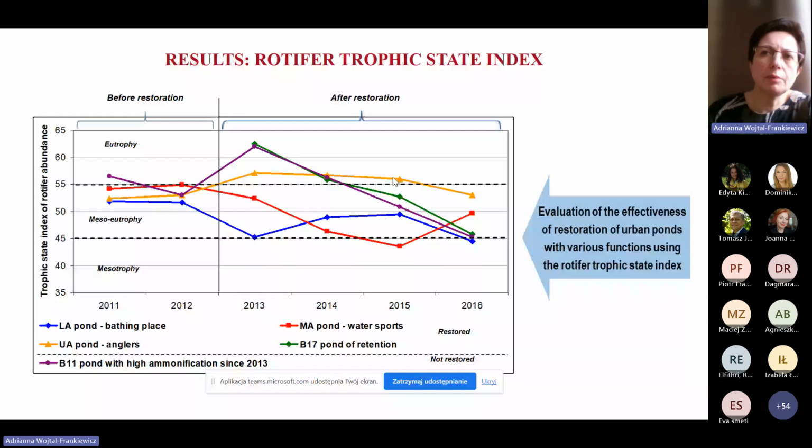However, the upper Arturówek was the only point of all of the study points that is adjacent to the short stretch of river, but not another pond. So we assume that the rotifer communities were mainly derived from the river.